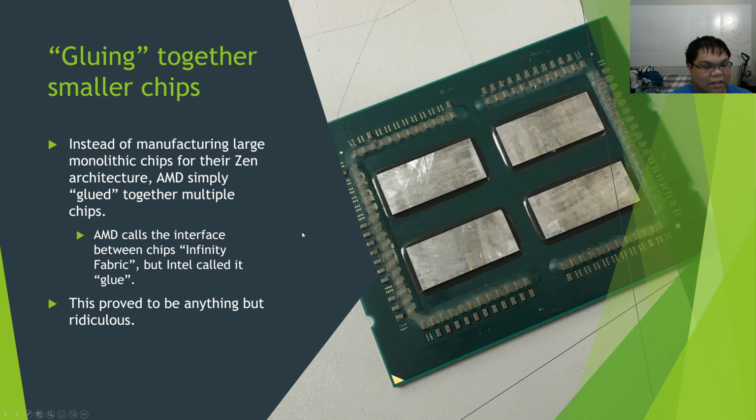The process is basically gluing smaller chips together. So instead of manufacturing a large monolithic chip for what was then known as the Zen architecture, AMD simply just glued these chips together. Glued in the sense that we now call the beginning of the universe the Big Bang.